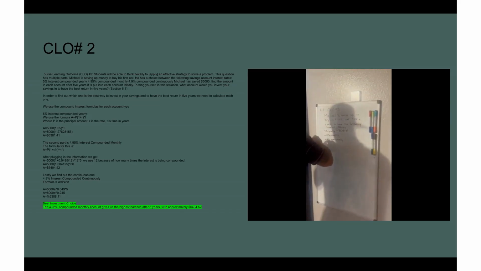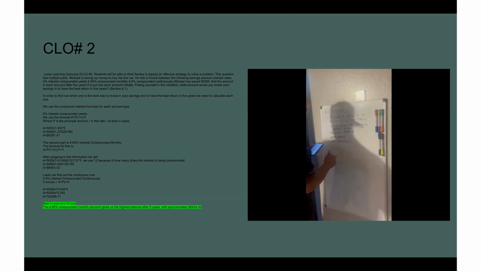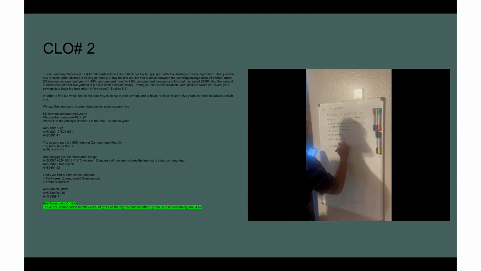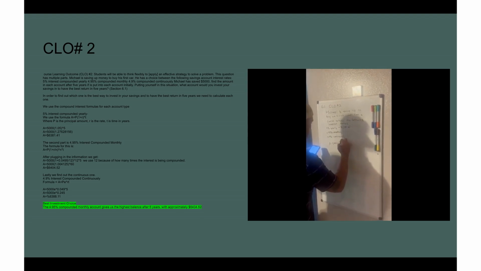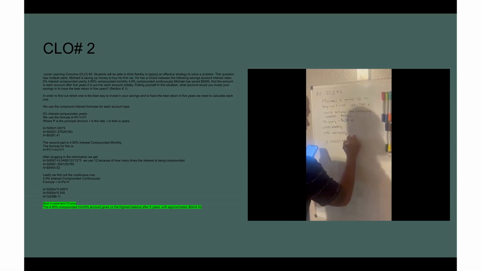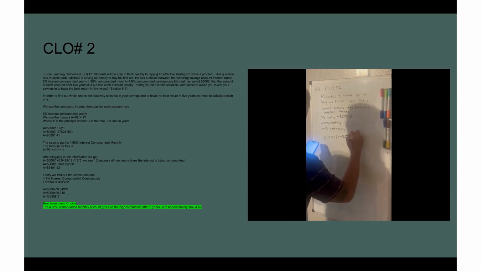All right. Calculate monthly. Do something similar, different formula. So A equals 5,000 times 1 plus the rate over the number of months, so it would be 0.0495 over 12, raised to 12 times the time, which is 5.